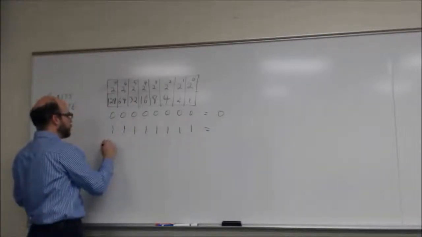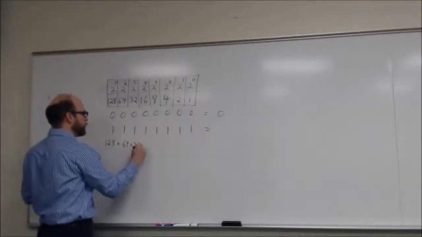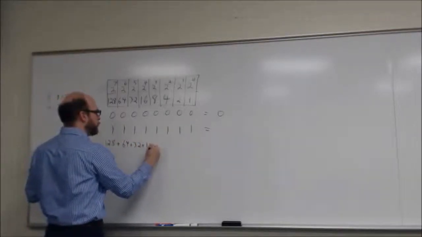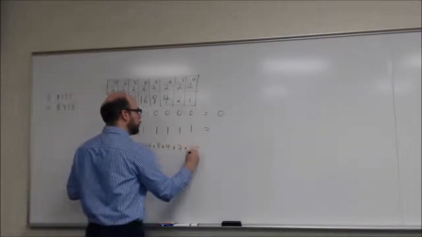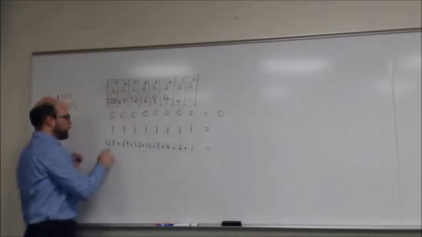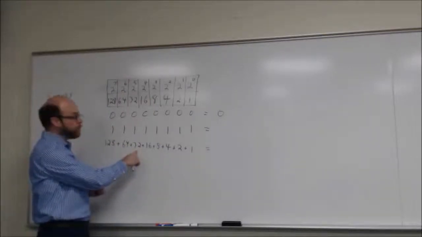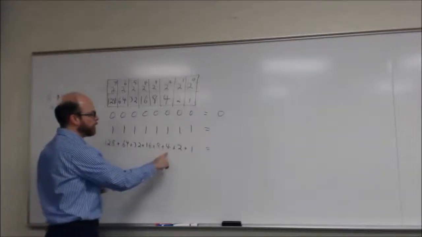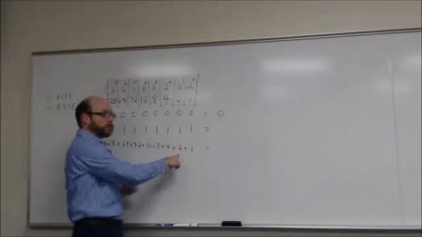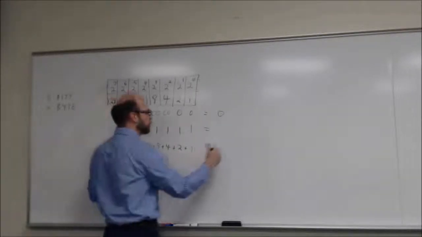So we would have 128 plus 64 plus 32 plus 16 plus 8 plus 4 plus 2 plus 1. So 128 plus 64 is 192, plus 32 is 224, plus 16 is 240, plus 8 is 248, plus 4 is 252, plus 2 is 254, and finally plus 1 is 255.